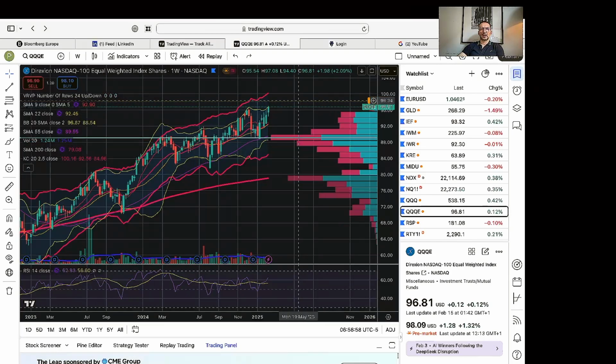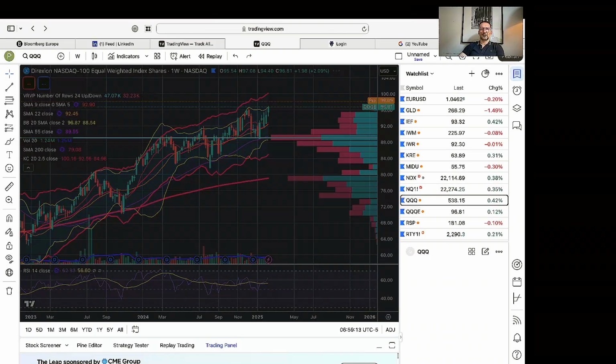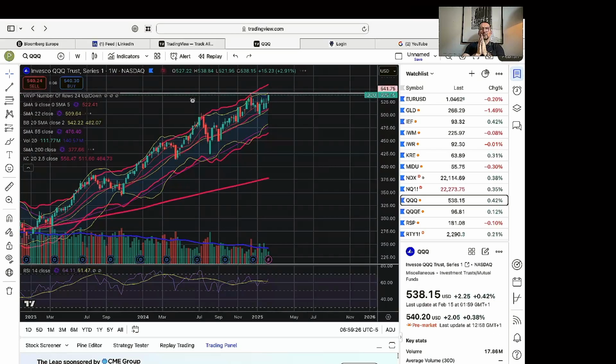You can see clearly today the QQQ equal weight is clearly breaking out from the trend. The QQQ has not broken out yet, but it will break out eventually, because if all the market except the MAG 7 is rallying, then this one also will rally.